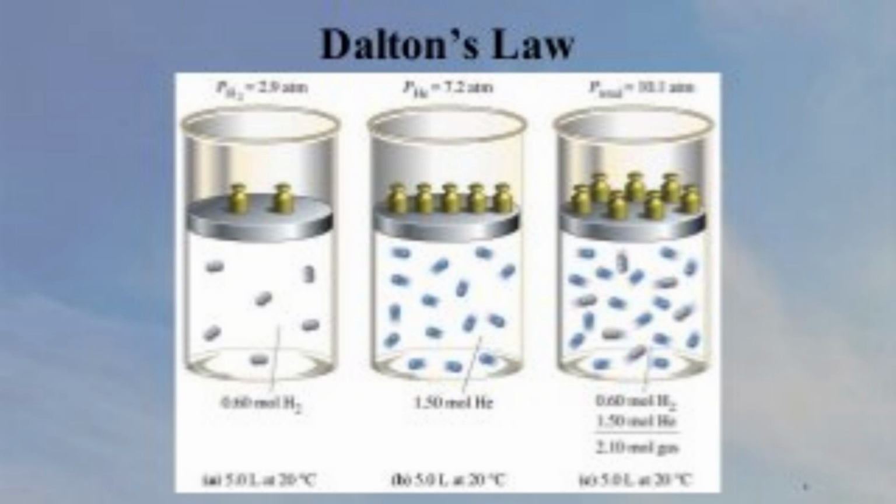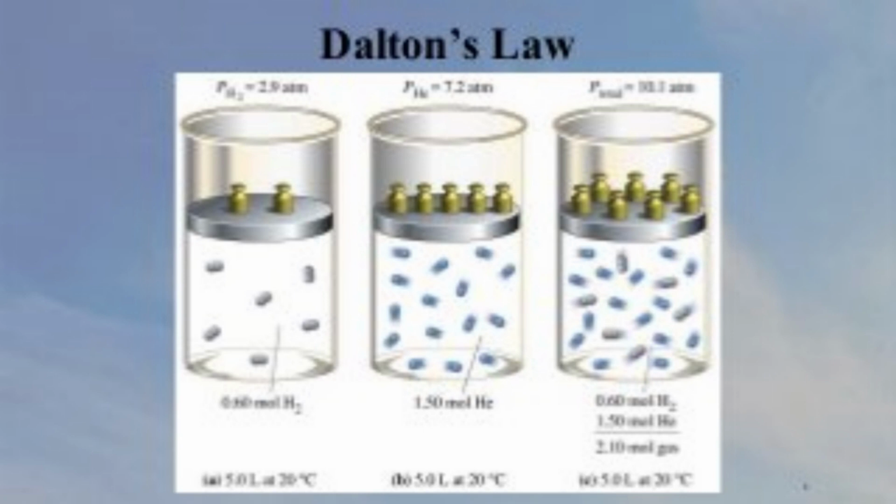In container 1, hydrogen is placed at 2.9 atmospheric pressure having 0.50 moles. In container 2, helium is placed and maintained at 7.2 atmospheric pressure with 1.50 moles, while container 3 containing the mixture is maintained at 10.1 atmospheric pressure with 2.10 moles of gas.